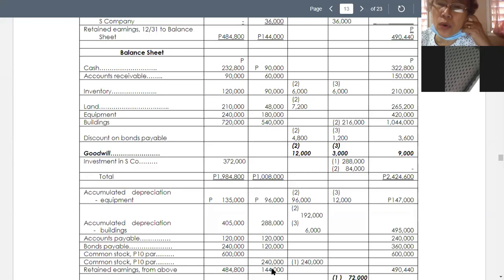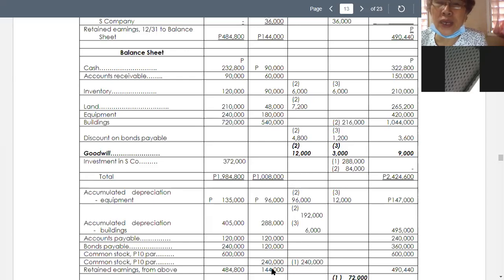However, that will have a corresponding entry for your discount. Here, but anyway, you already have the entry for discount. The only difference is the treatment of discount. In the solution of the author, it's part of the assets. In our solution, it's part of the liabilities, being a deduction. So will you reflect, transfer 1,200 of discount, you transfer it under your liabilities.